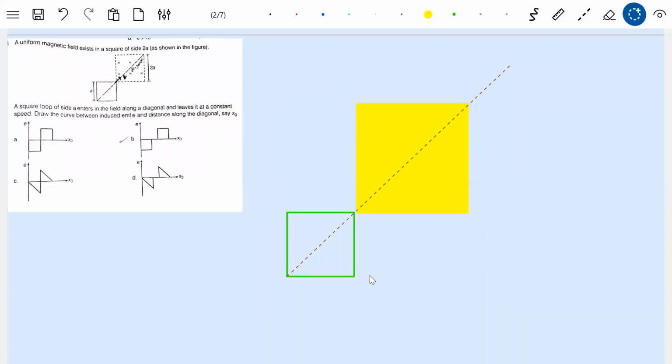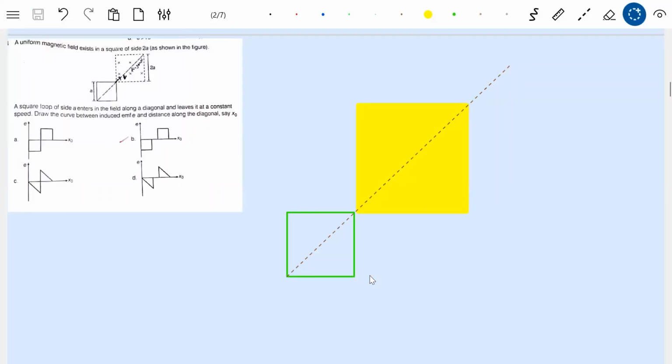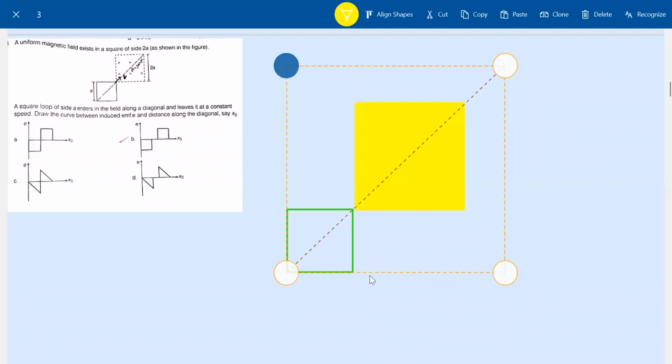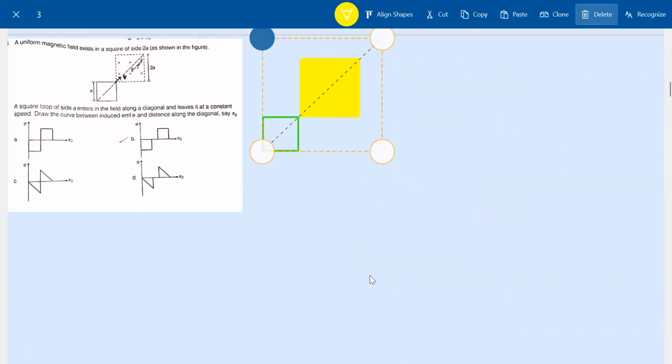We have to check how the induced EMF will be varying. Let's have a diagram like this.